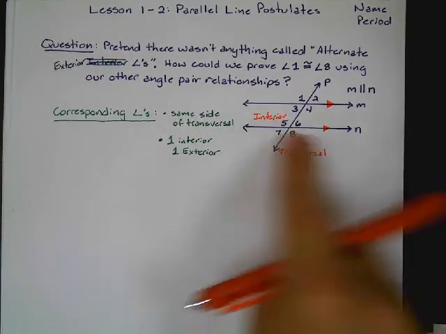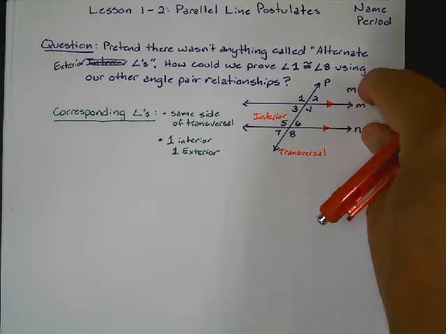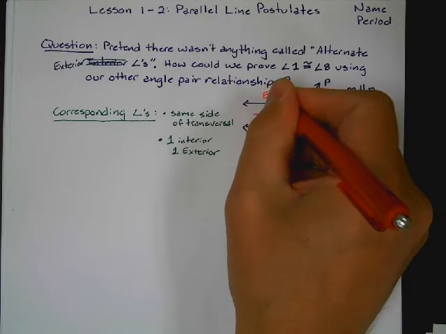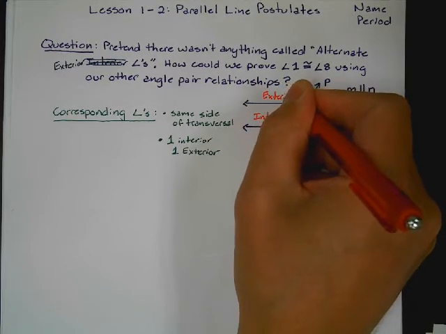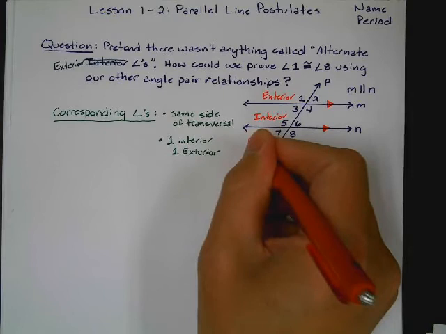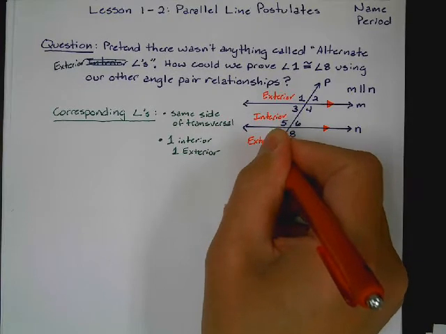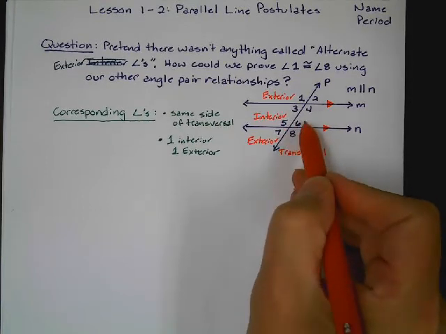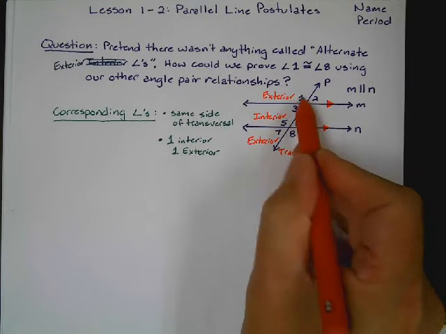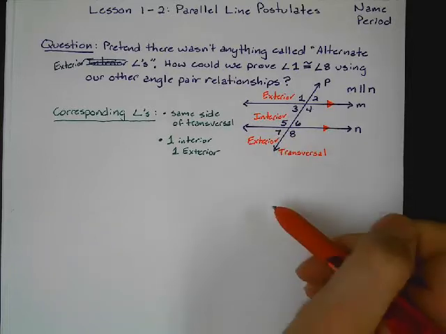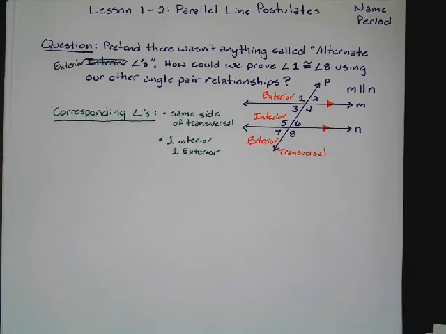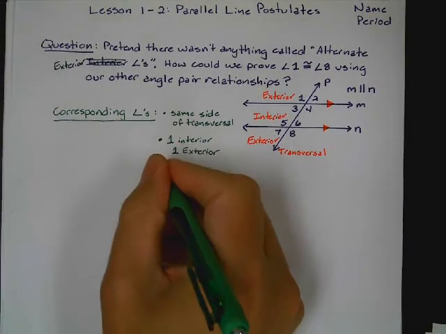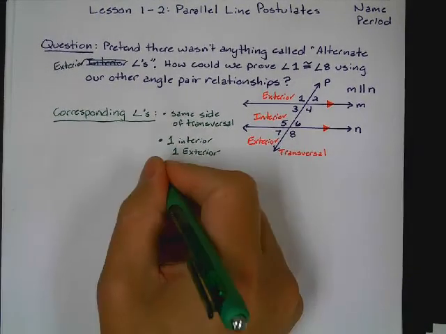When we say interior, we're saying between the 2 parallel lines. And so the exterior would be on this side and this side. So 3, 4, 5, and 6 are interior angles. 1, 2, 7, and 8 are exterior angles. All right, the last rule is they have to touch, or they're made from different lines.